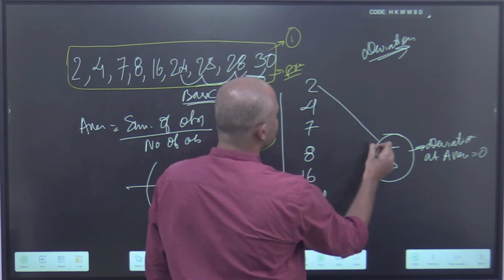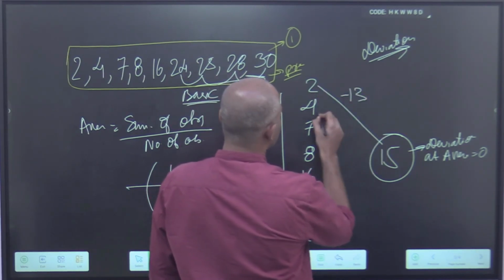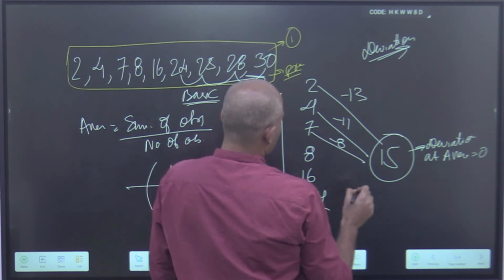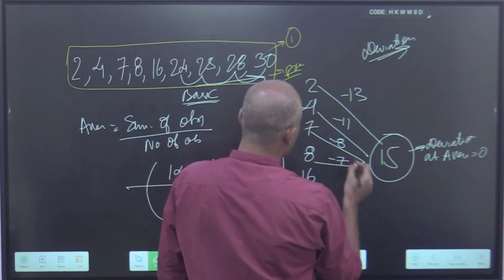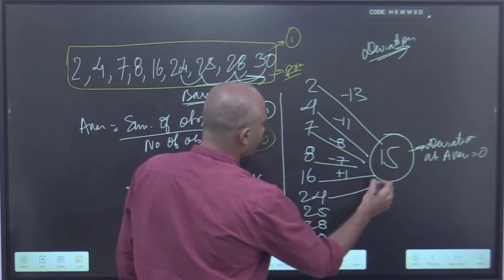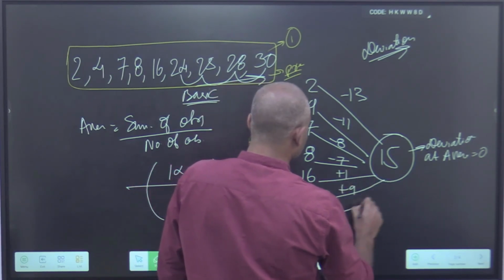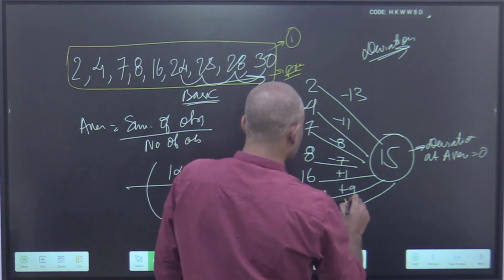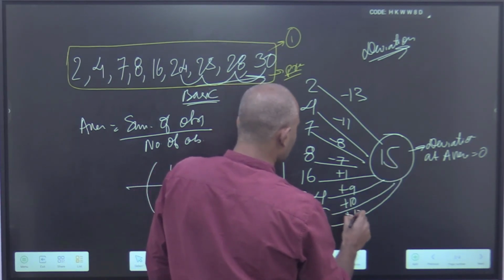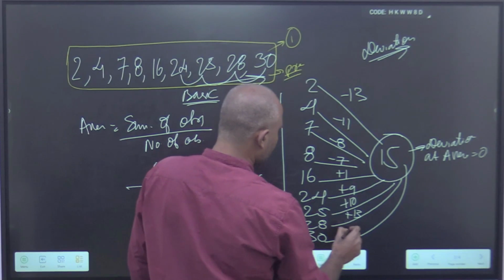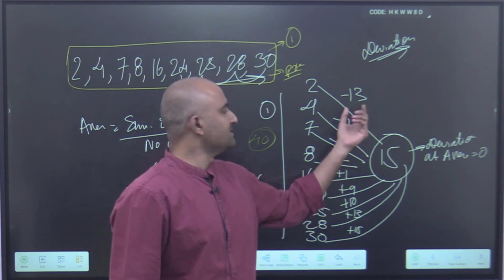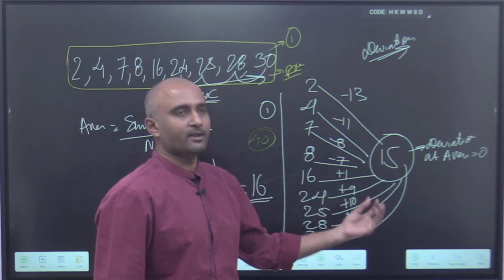The deviations here are minus 13, minus 11, minus 8, minus 7, plus 1, plus 9, plus 10, plus 13, and plus 15. Okay, these are the deviations. Hardly a second for each, because these are all small numbers, so we will be able to do it faster.